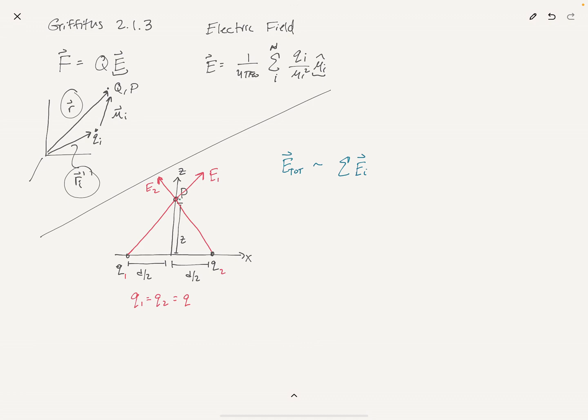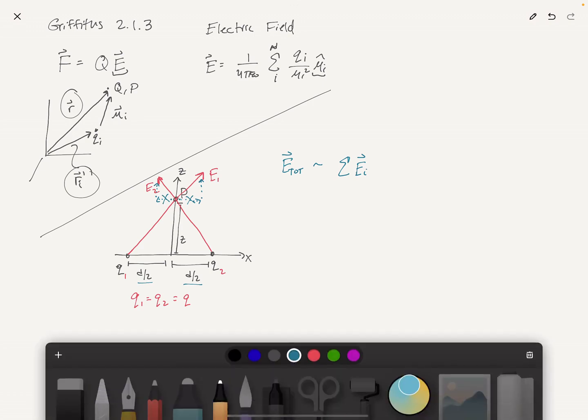Okay, so I know that I can decompose each of these into components like this, and because of the symmetry of my problem, because both of my charges are equidistant from this axis and they're of the same magnitude, I know that when I end up adding my electric fields by component, this will cancel this. All right, and then the net electric field is going to be in the z direction. Okay, so let's go ahead and prove that.